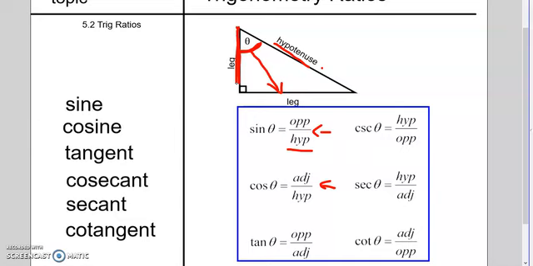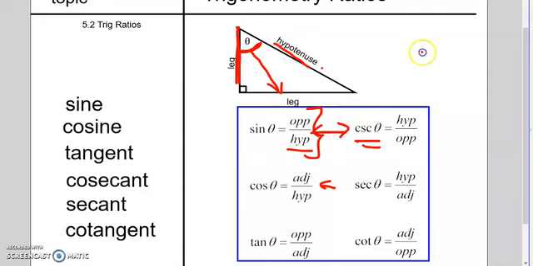Now the new ones here are cosecant. That's CSC is how you write it, and that's hypotenuse over opposite. What you'll notice is that it's just a reciprocal of the sine, so it's associated with the sine.